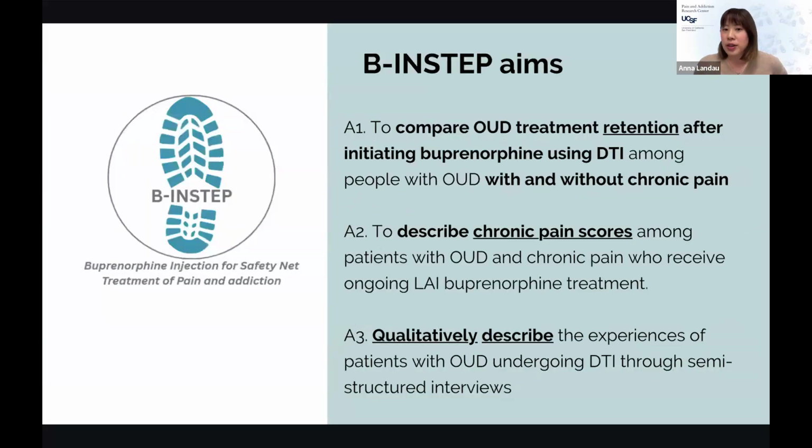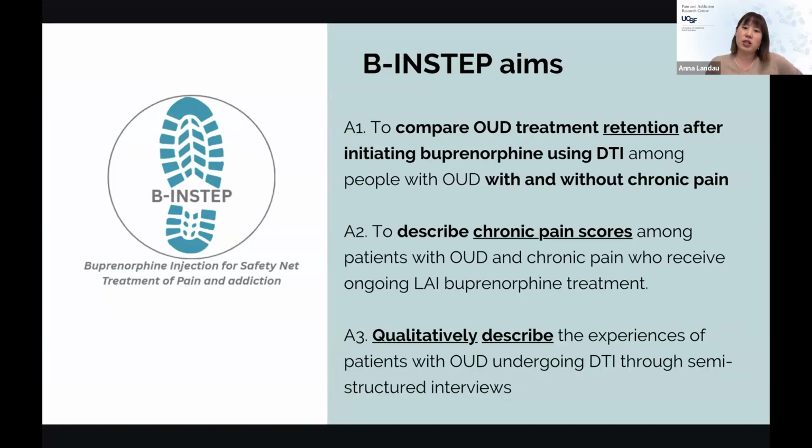So our aims for the grant were really twofold initially, and then we added a third aim. First, to compare treatment retention among people who have started buprenorphine using direct-to-inject, and then also stratifying them with or without chronic pain to see, is retention actually better among patients with opioid use disorder with or without chronic pain?